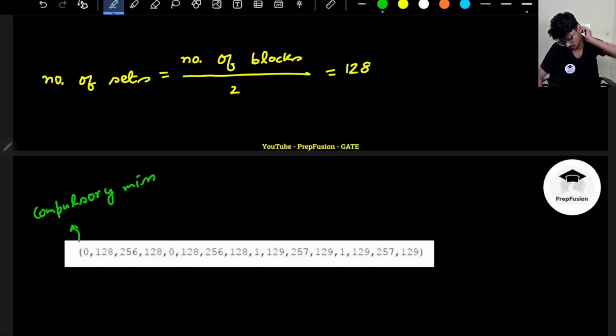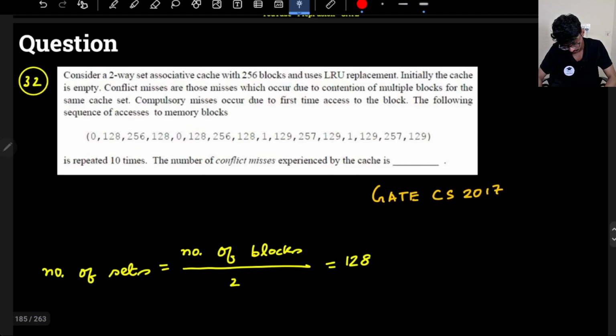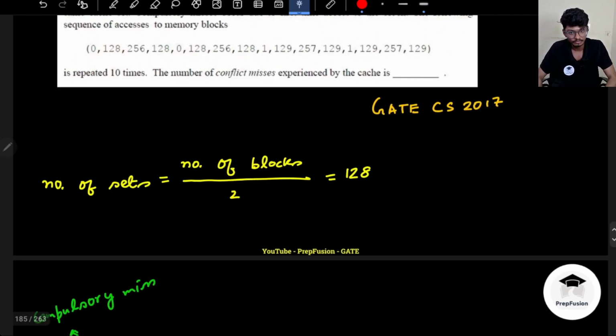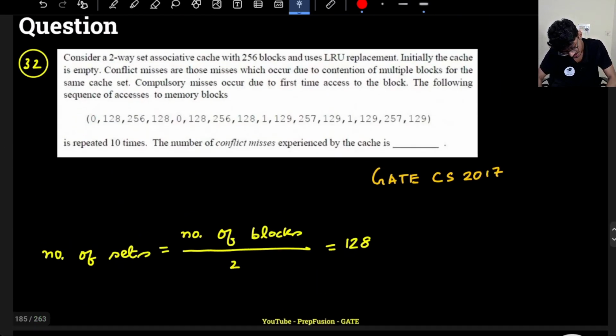Next is 128. So 128 mod 128 will be 0 again.